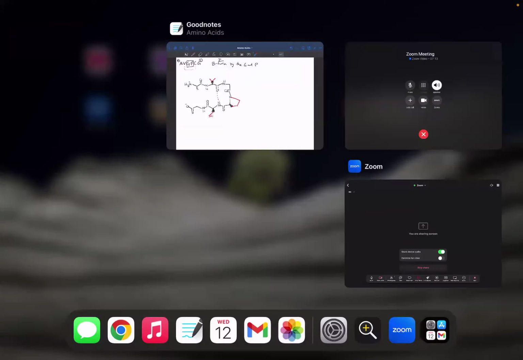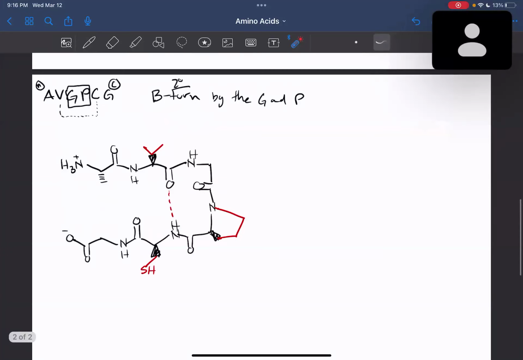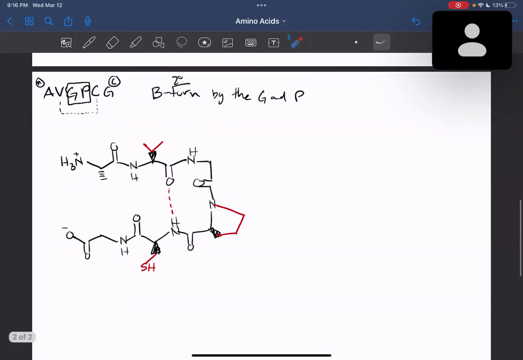Okay, let's continue with this. Let's do another one. I'm going to give you a peptide, and let's do a little bit of a longer one.